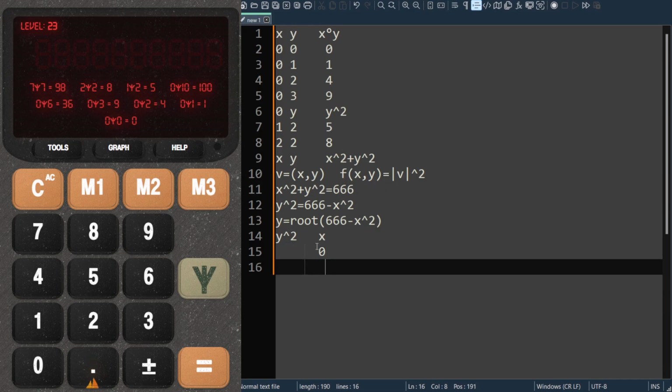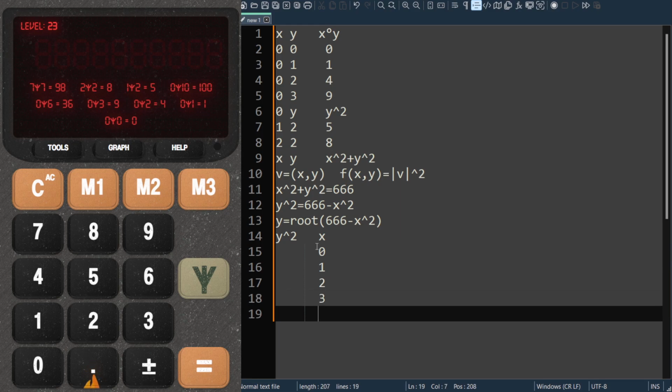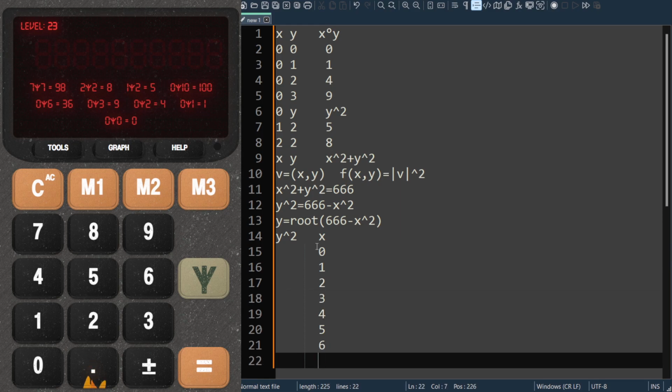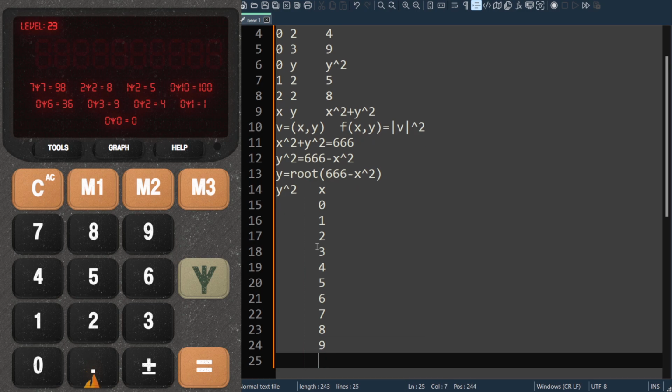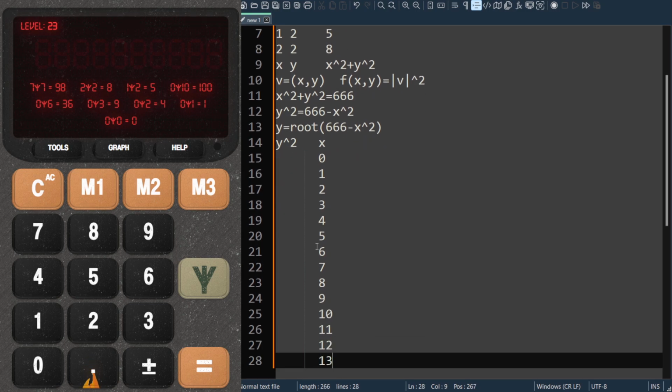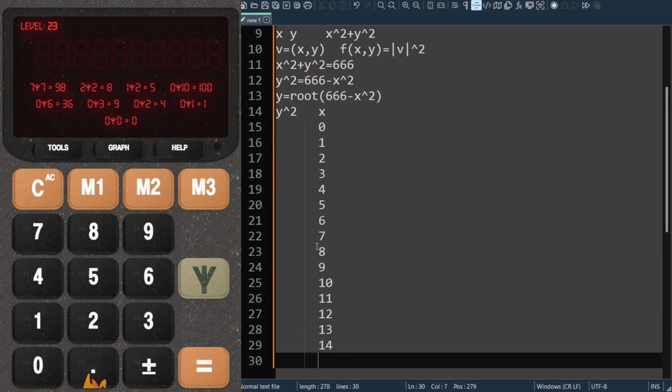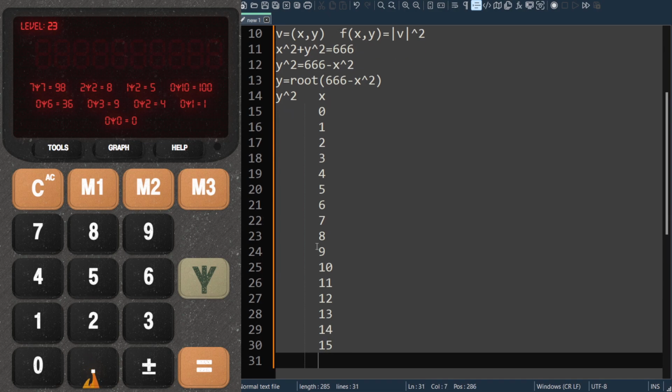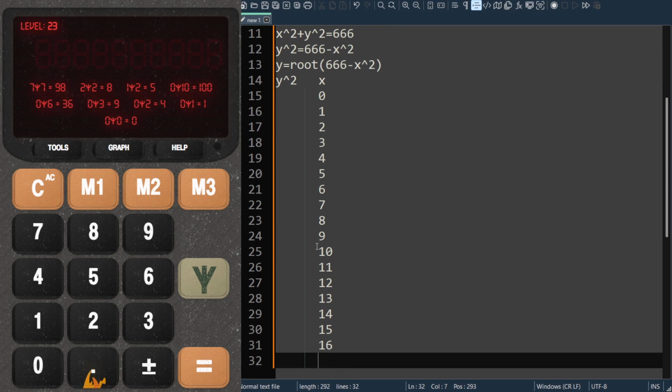So we're going to use x from 0, 1, 2, 3, up to 14, at least let's go for 25. But for now, I think we are only going to need this much work.